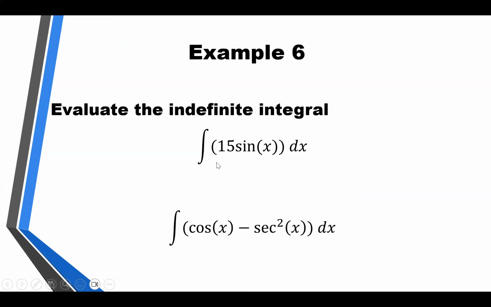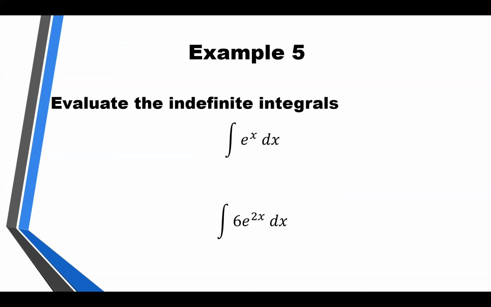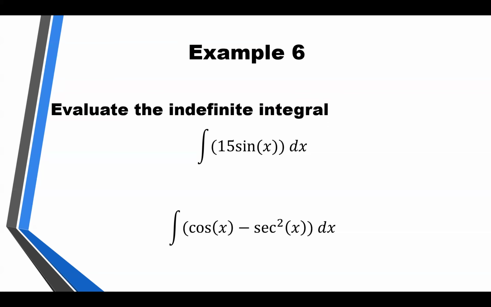For example 6, we'll integrate 15 sine of x with respect to x, and then we'll integrate cosine of x minus secant squared of x with respect to x. So let's do all 4 of those.